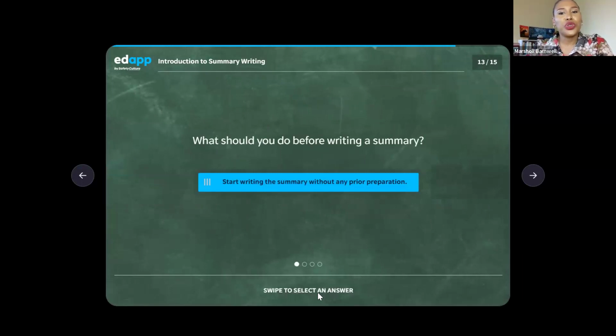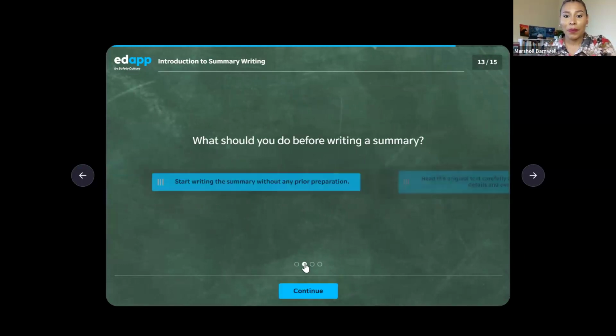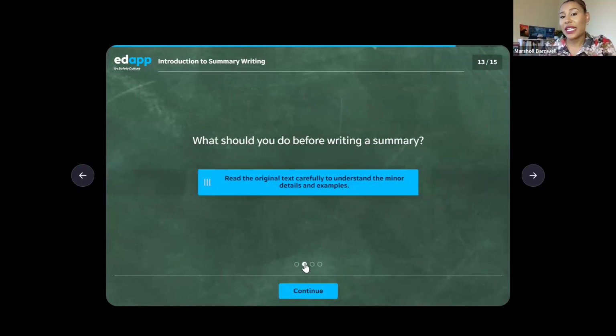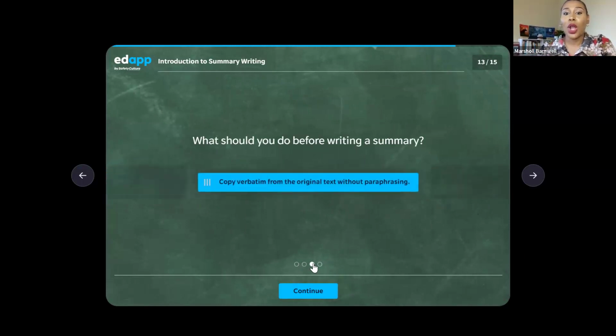What should you do before writing a summary? Start writing the summary without any preparation. Read the original text carefully to understand the minor details and examples. Copy everything verbatim from the original text without paraphrasing.